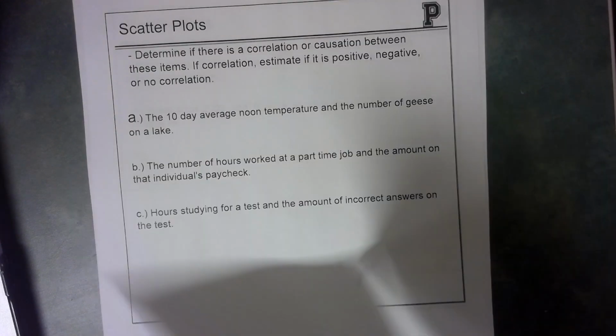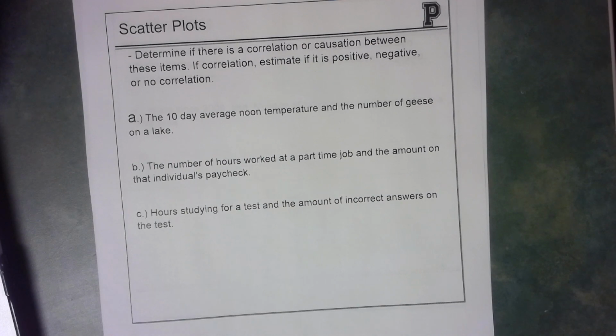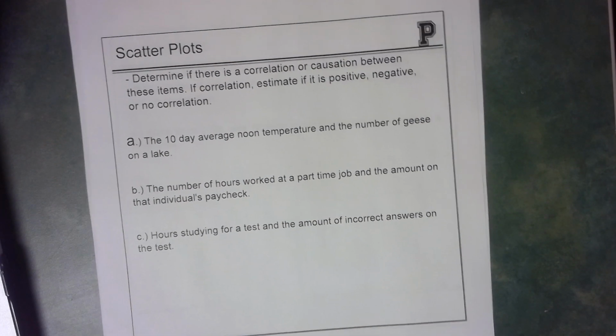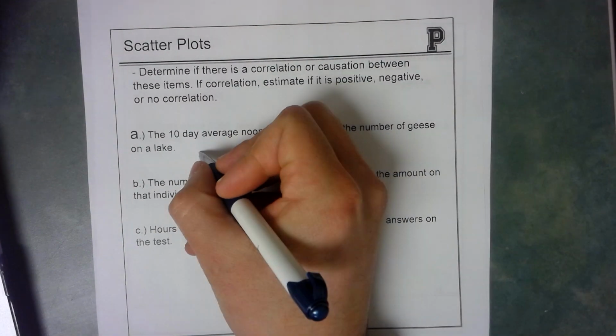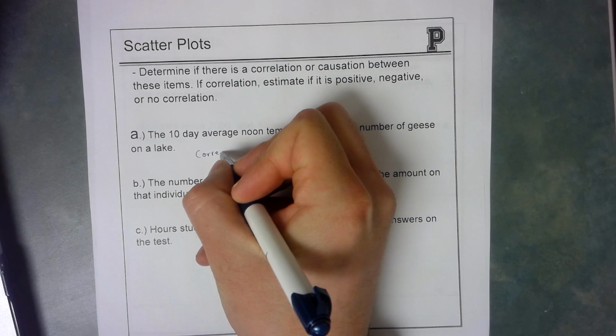Okay. So we're going to look at a couple different examples, and again, just try and identify if this is correlation or causation. So the first one, the 10-day average noon temperature and the amount of geese on a lake. So I want you guys to think of if this would be correlation or causation. Is the temperature causing a certain amount of geese to be on the lake, or is it correlated with a certain amount of geese on the lake? And in this one, this would be an example of correlation.